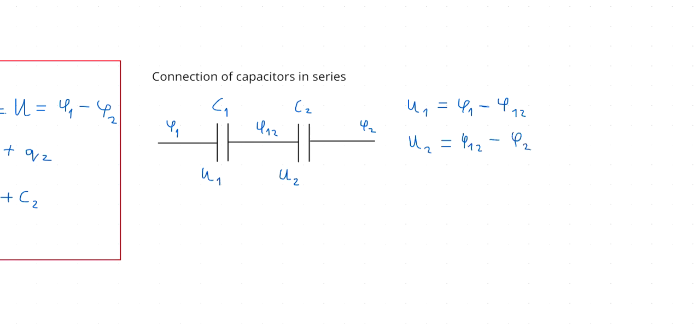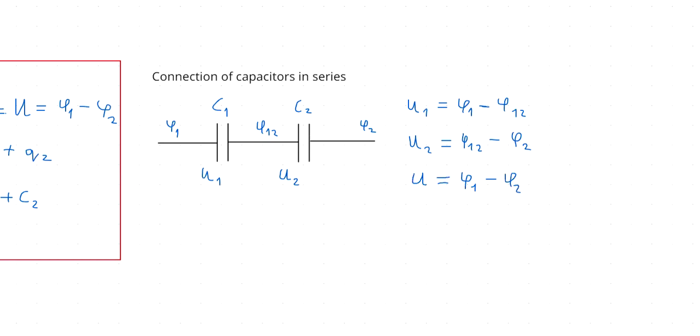And the potential difference for the whole system will be U, and it is equal to phi 1 minus phi 2.